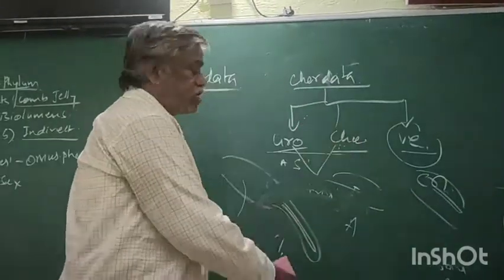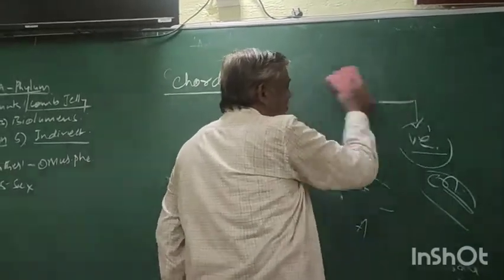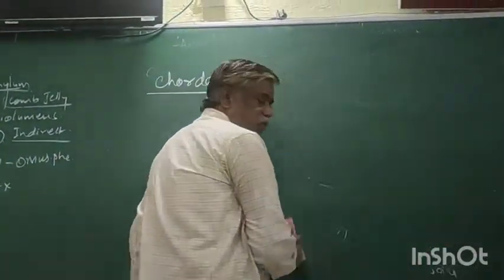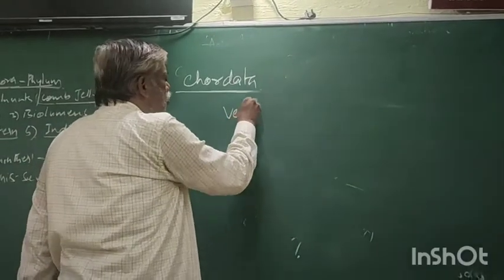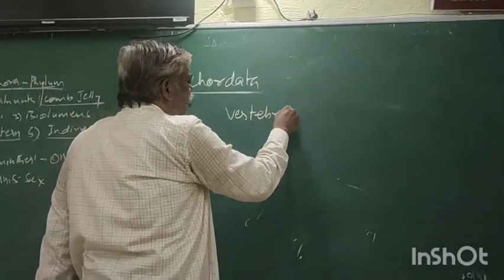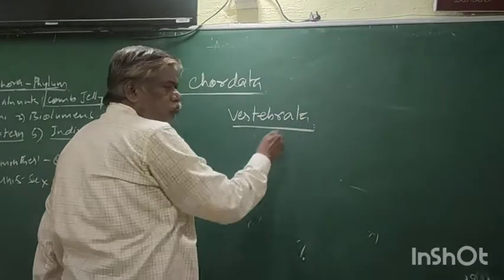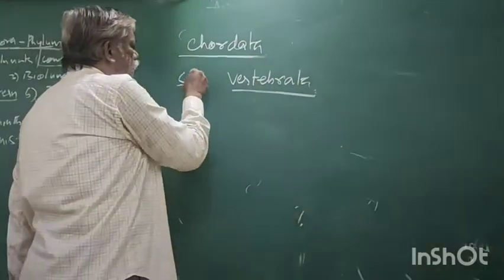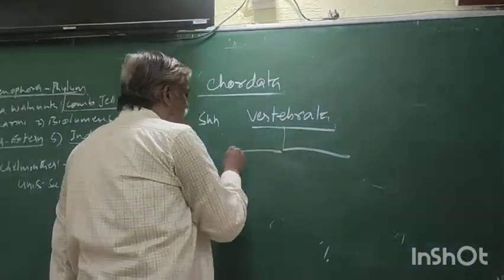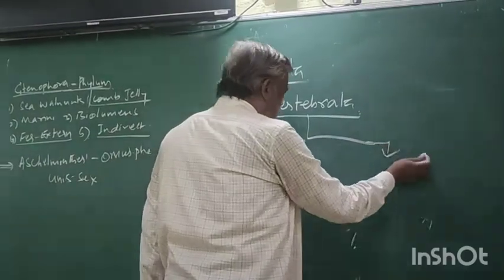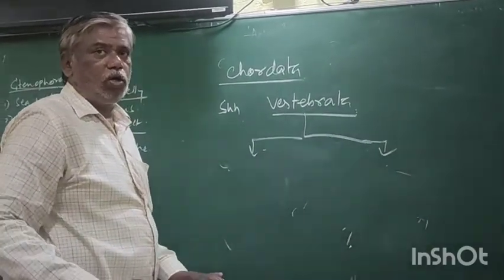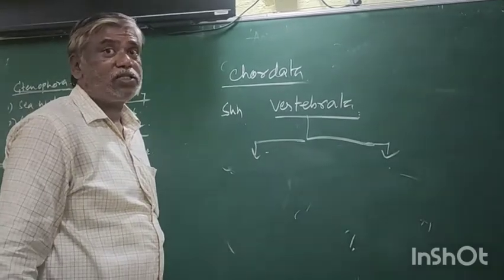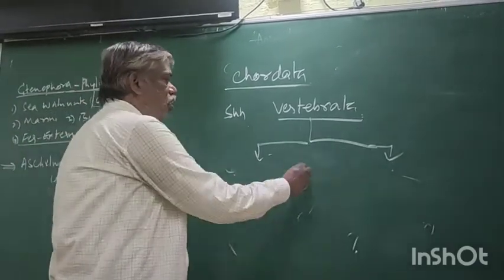Now, properly, vertebrates. What is the level of vertebrata? It is a subphylum. The subphylum is divisible into 2 groups based on presence and absence of jaws.